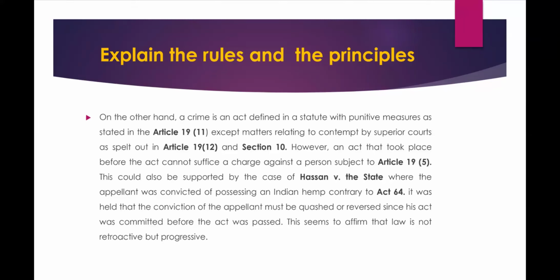This could also be supported by the case of Hassan versus the state, where the appellant was convicted of possessing Indian hemp, contrary to Act 64. It was held that the conviction of the appellant must be quashed or reversed, since his act was committed before the act was passed. This seems to affirm that law is not retroactive but progressive.